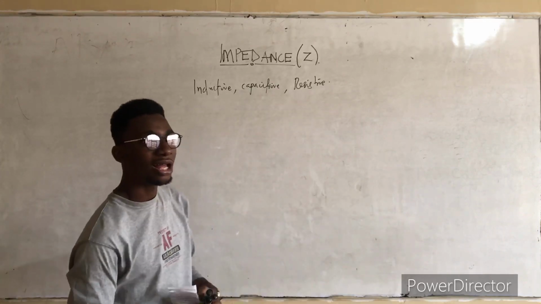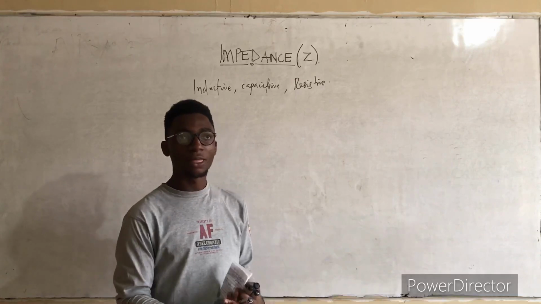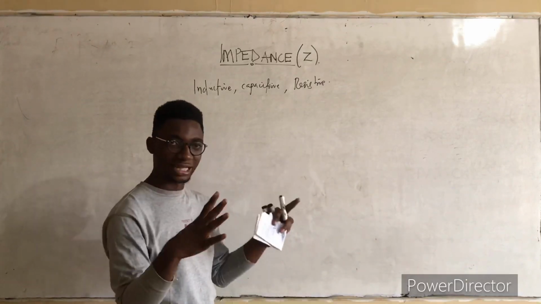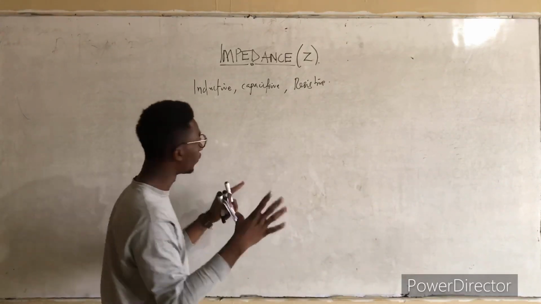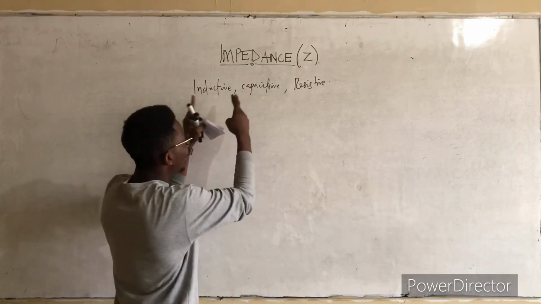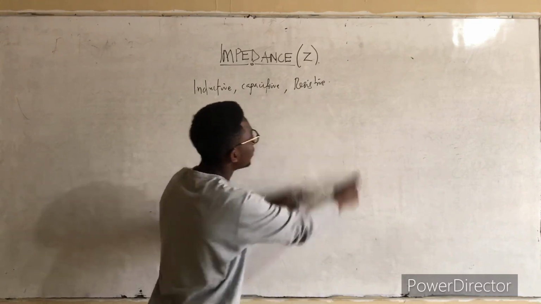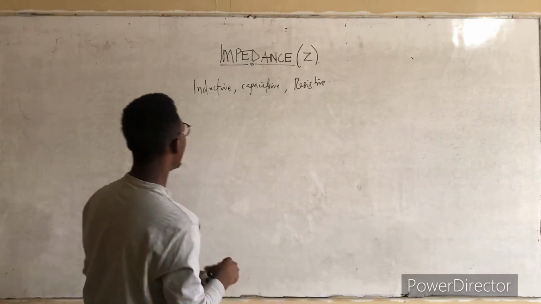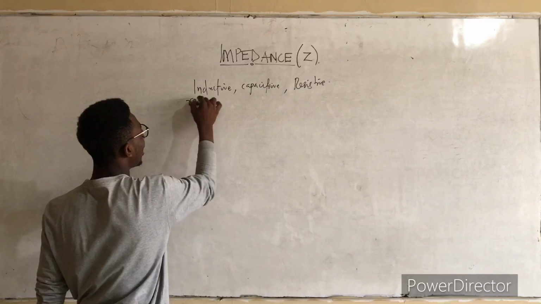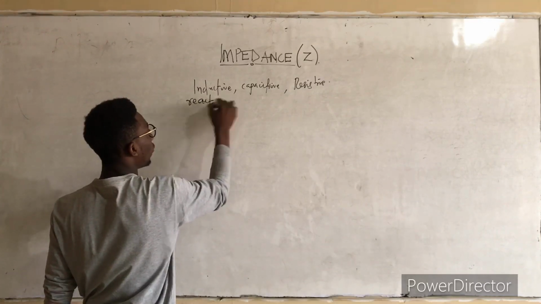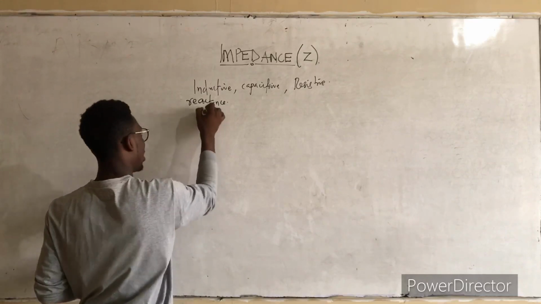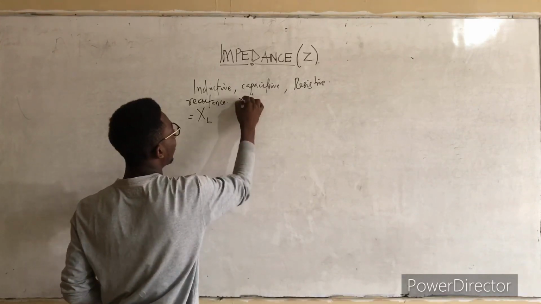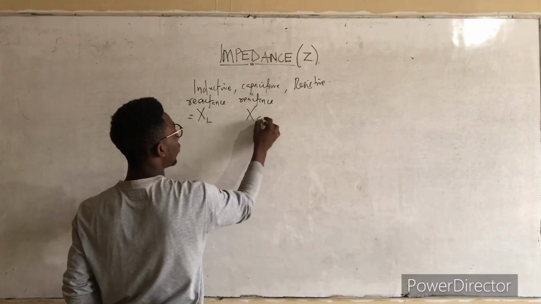So in our normal circuit diagrams, the opposition to the flow of current was resistance, that is caused by the resistor. But in an AC circuit diagram particularly, the opposition to the flow of current by the inductors, the capacitors, and the resistors, together we call it the impedance, and that is represented by Z. The inductors will produce the inductive reactance, which is most of the time represented by XL, because the inductor is L. The capacitive also produces the capacitive reactance, which is most of the time represented by XC.